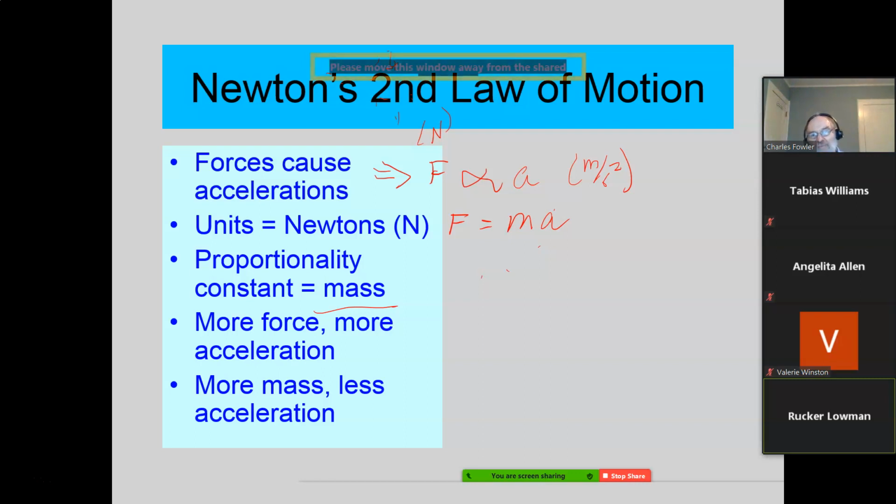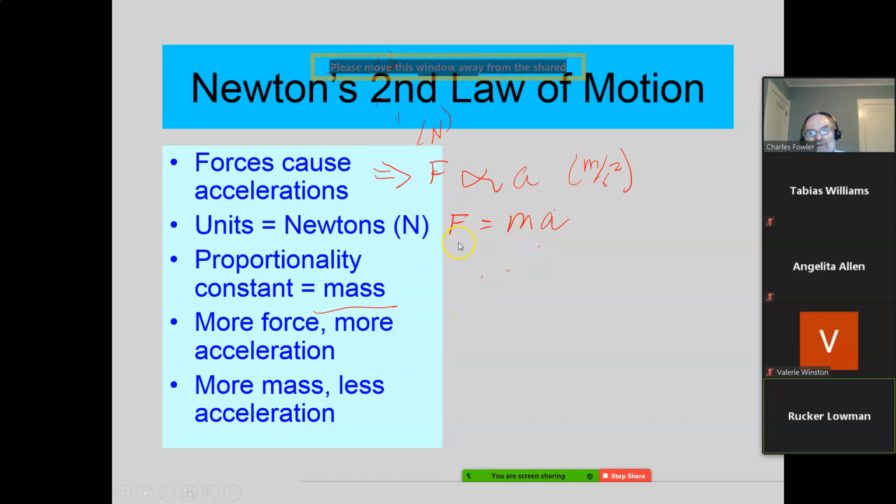A lesser mass with the same force is going to be a greater acceleration. A larger mass with the same force is going to be a lesser acceleration. More force, less acceleration. I'm sorry, more mass, less acceleration. Does that make sense? So here's your formula then.